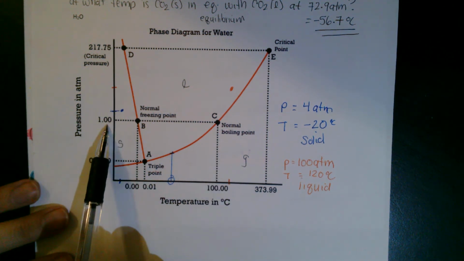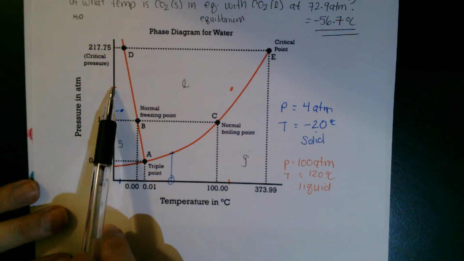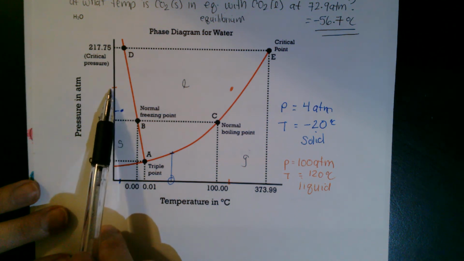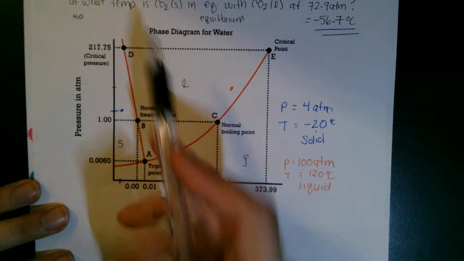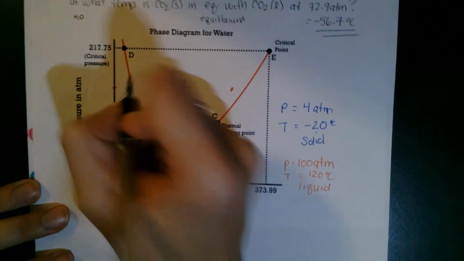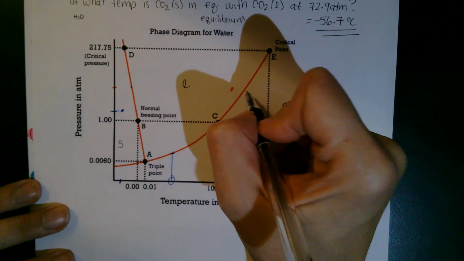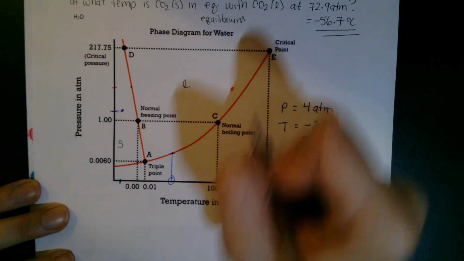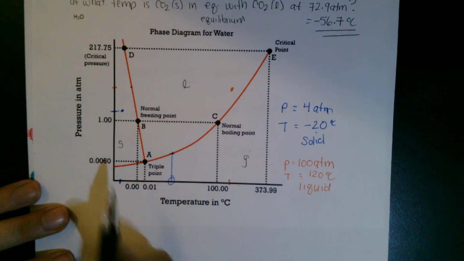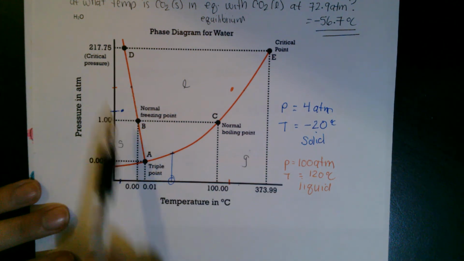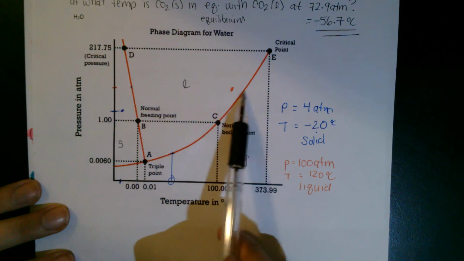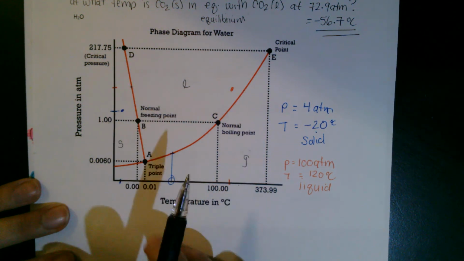Like, for example, if we were to go up to 100 atmospheres of pressure, our freezing point right here would be much lower, and our boiling point over here would be much higher. Okay, so if we increase the pressure, we'd freeze at a lower temperature. If we increase that pressure, we would boil at a higher temperature.